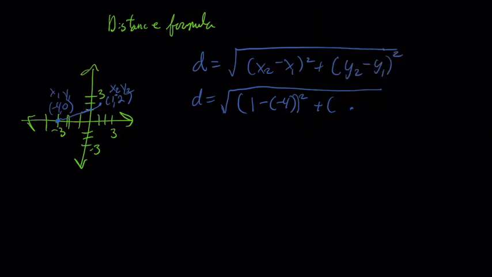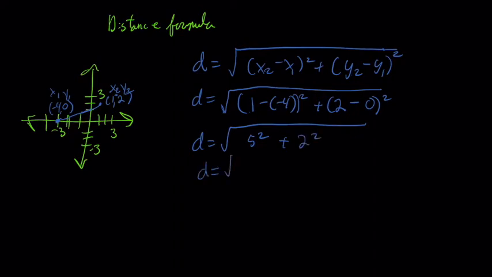So the distance is the square root of 1 minus a negative 4, that's 5 squared, plus 2 minus 0 squared, that's 2 squared. So distance is the square root of 25 plus 4. So distance is the square root of 29.